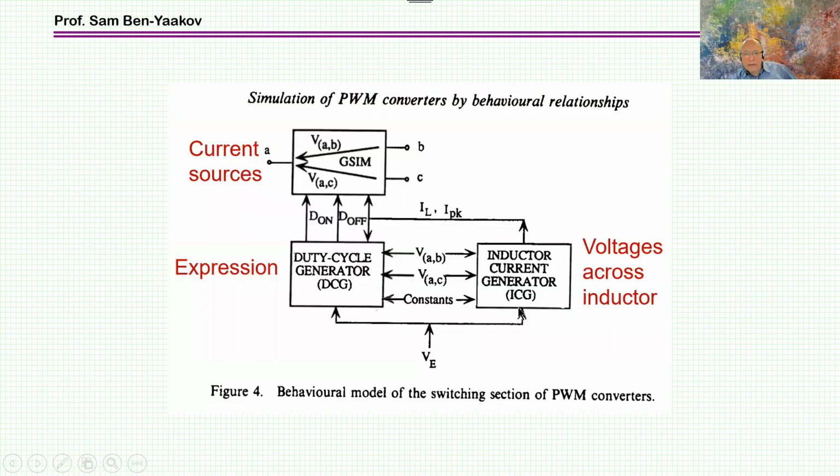And then we have a way that we are generating the rule for the current of the inductor. And this is by placing the average voltage across it. Then we have a block which I call duty cycle generator.